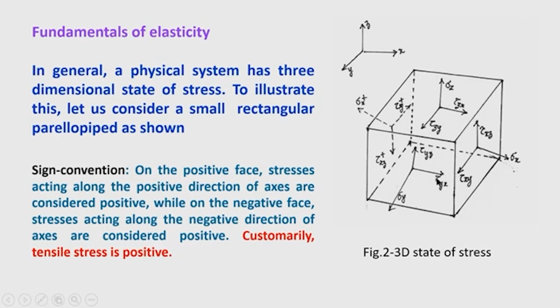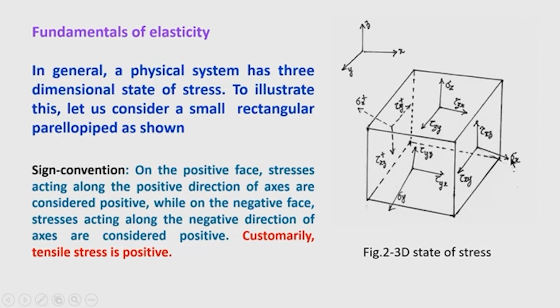Okay. Now, in general, in any elastic body there is normal stress as well as shear stress. Now, consider this face. So, this face is parallel to the yz plane. So, the axis normal to this face is parallel to the x axis, of the Cartesian axes x y z.